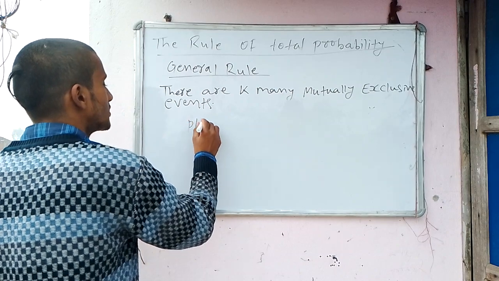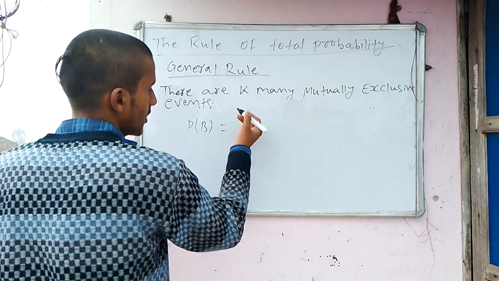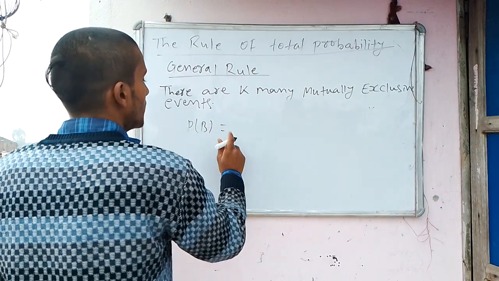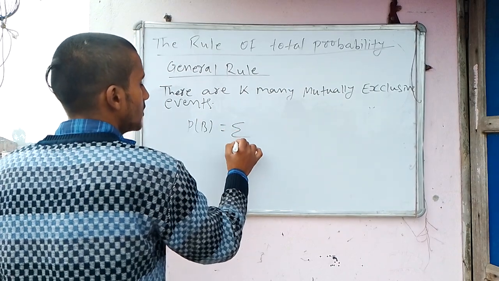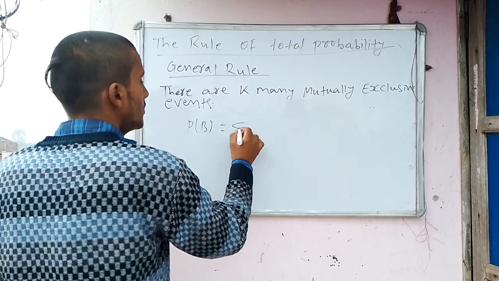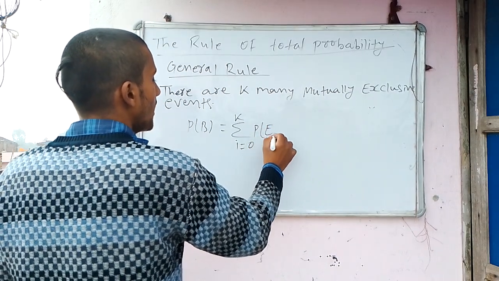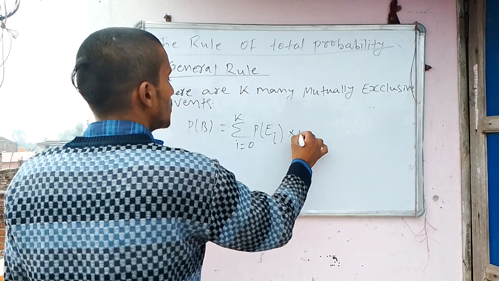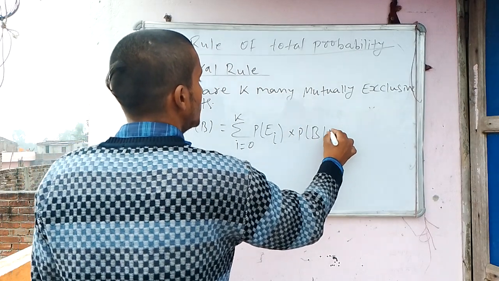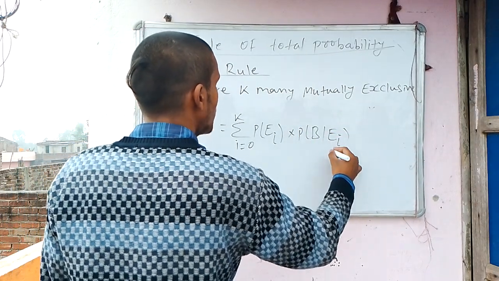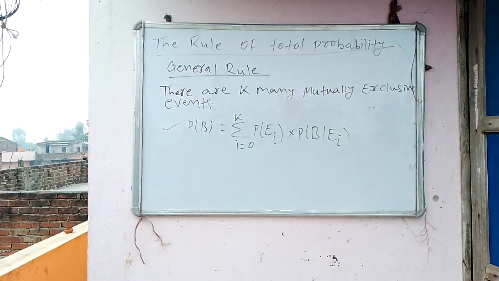This is what the general rule of total probability is.